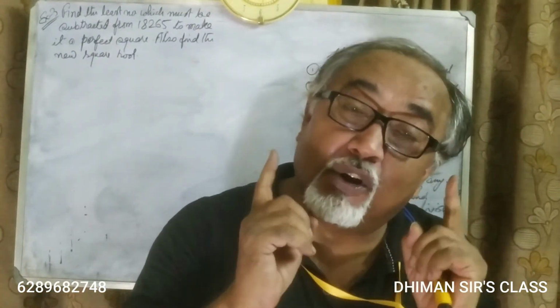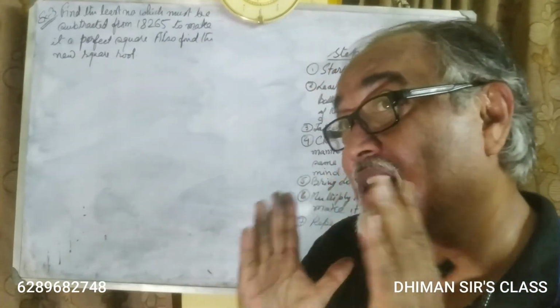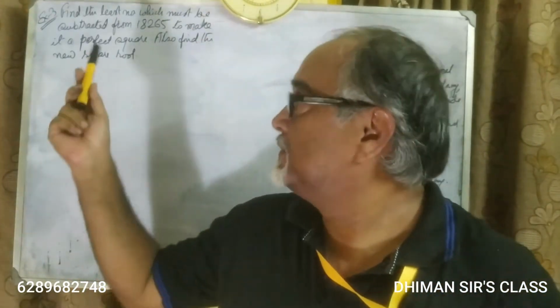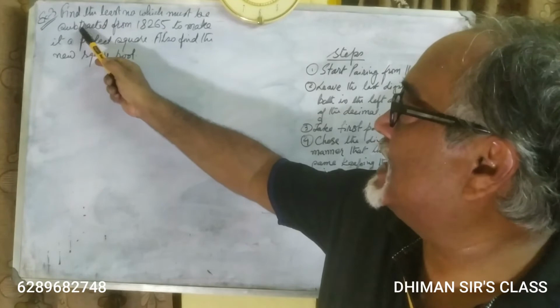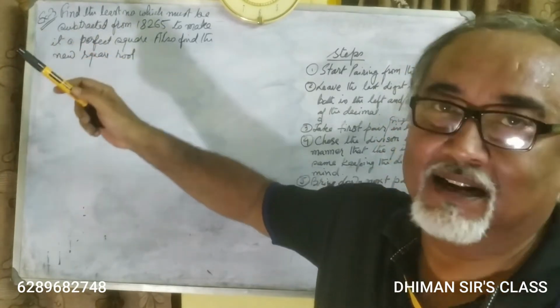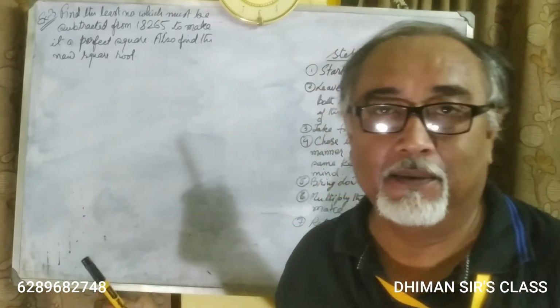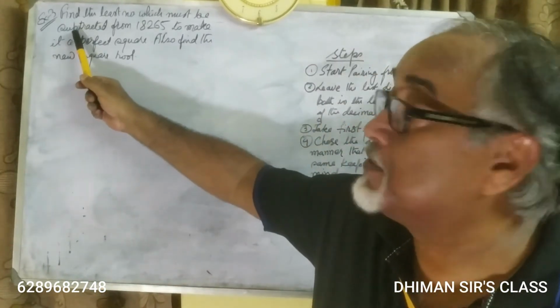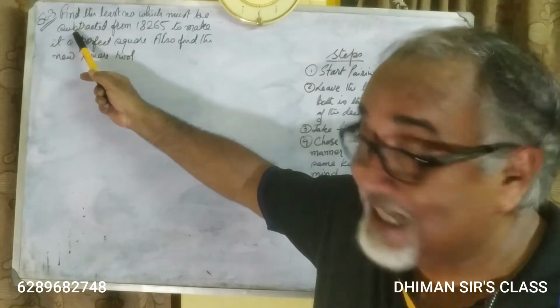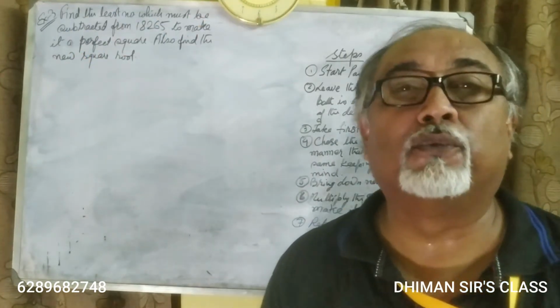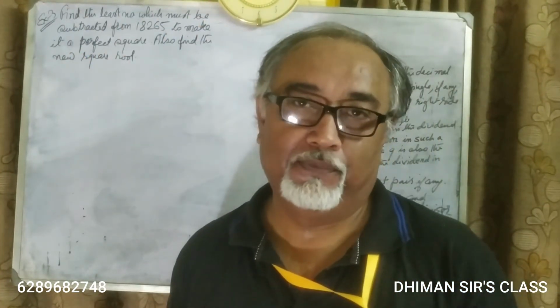There I said, in case of multiplication and division, if such questions, instead of subtracted, were multiplied or divided, then definitely we will follow the prime factorization method. Now, because it is to be subtracted or added, then definitely we will follow the division method of square root.